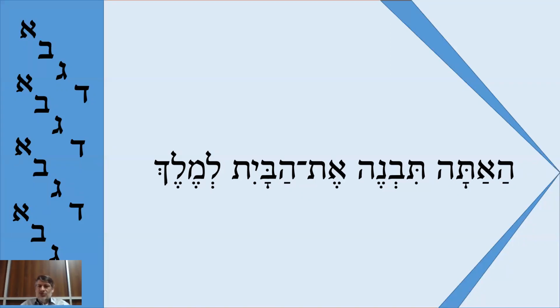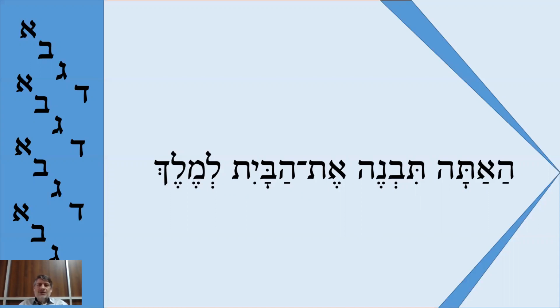How can we discern between the particle and the article? Do you remember that the article usually could be added to nouns and to adjectives. And when the article is added, the first consonant of the word gets a dagesh forte.